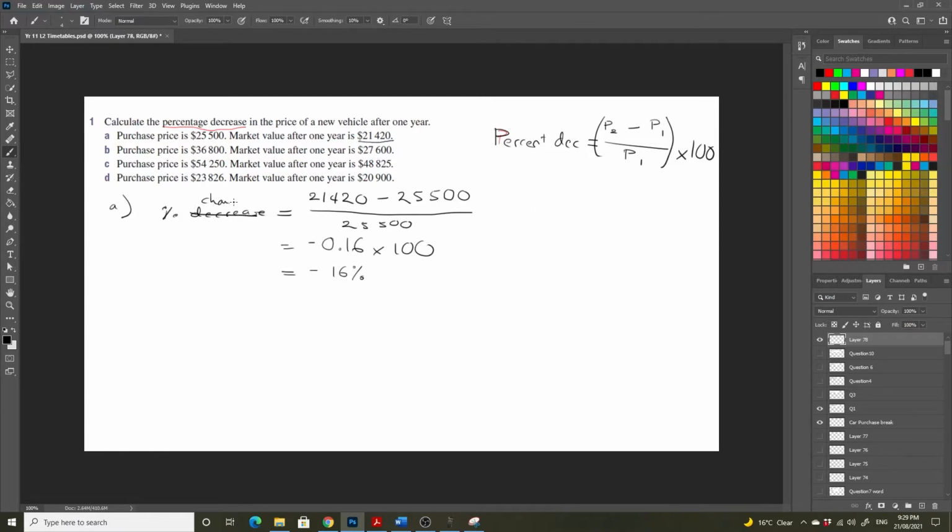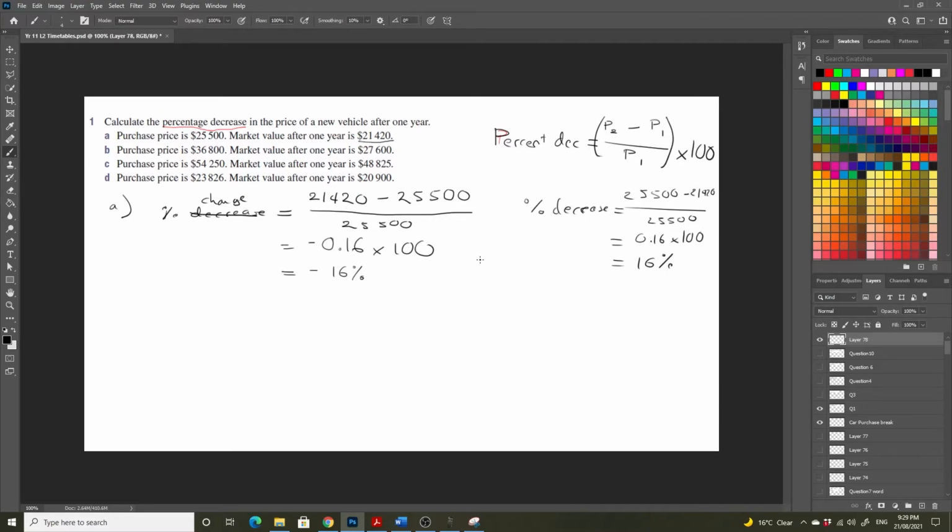Percentage change is minus 16%, whereas percentage decrease is going to be 25,500 minus 21,420 over 25,500, which is going to equal 0.16, which we'll times by 100 to get the percentage, which is going to equal 16%. So this is a more general formula.